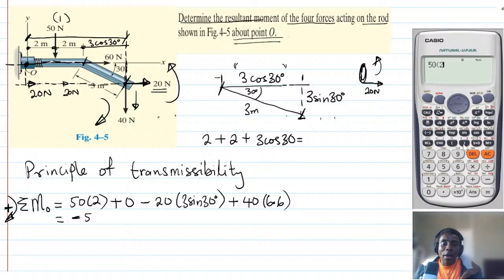So 50 multiplied by 2 is 100. And then 20 multiplied by 3 sine 30, that's 30, so minus 30, plus 40 multiplied by 6.6, that is 264.